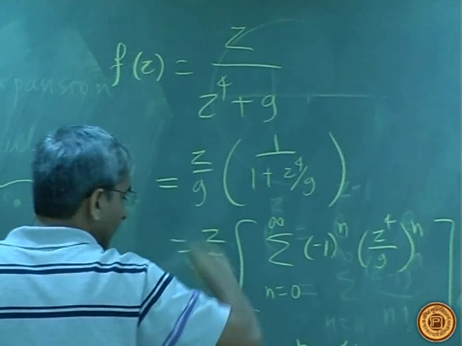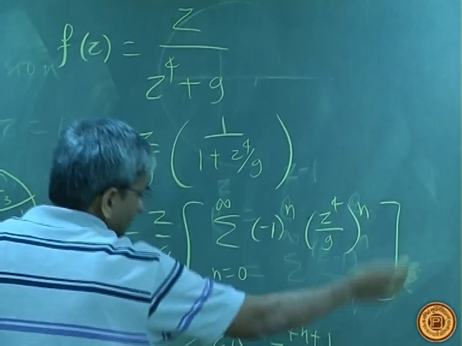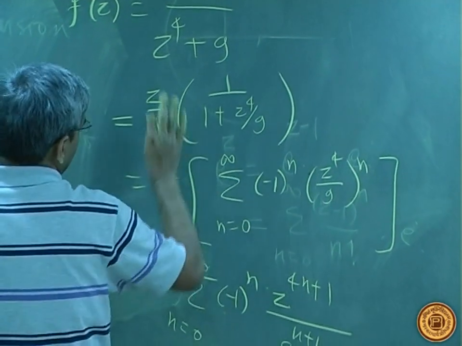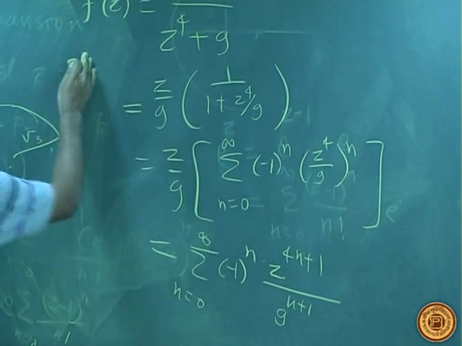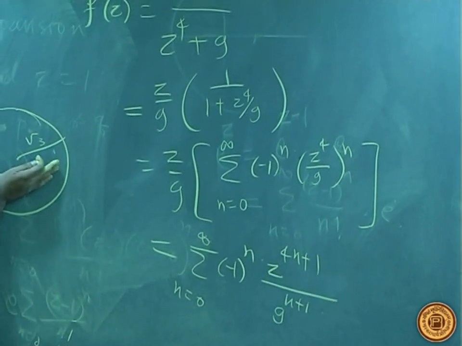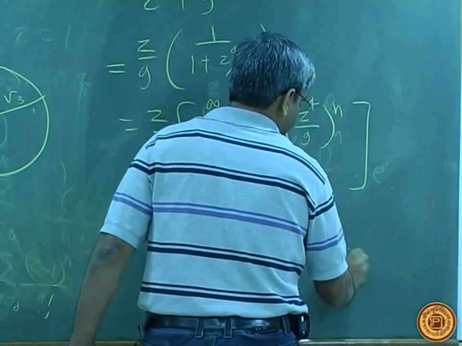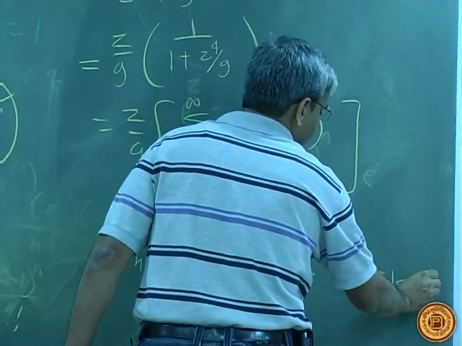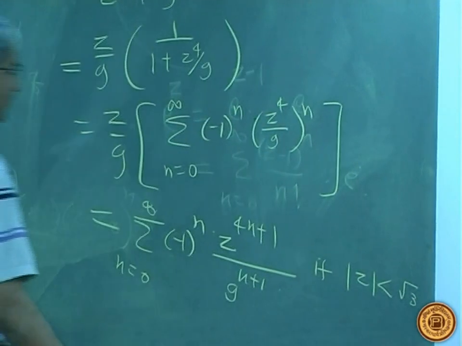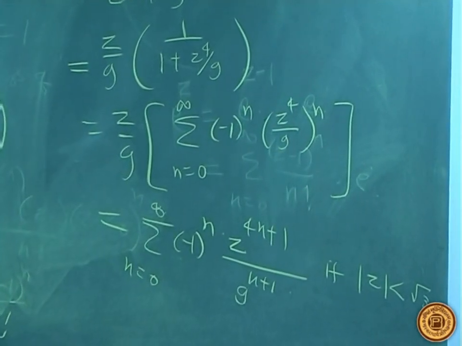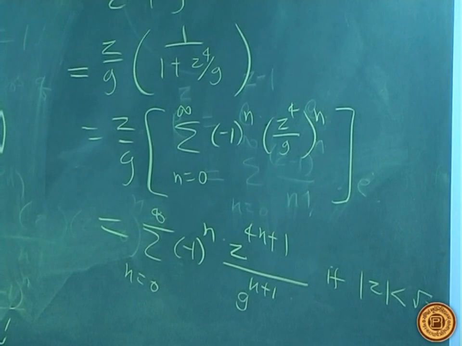But here on this side you have all powers of z, but this is not valid everywhere. This expression for the function is valid only in the root 3 neighborhood of 0. So let me write that: if mod z is less than root 3. So in a certain neighborhood this type of expression for f(z) is possible.